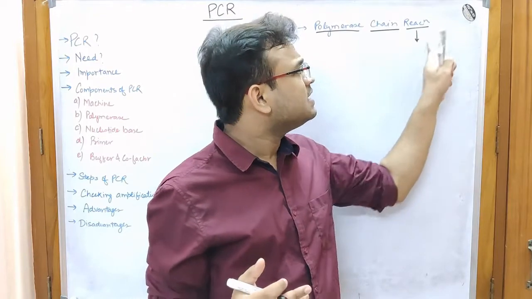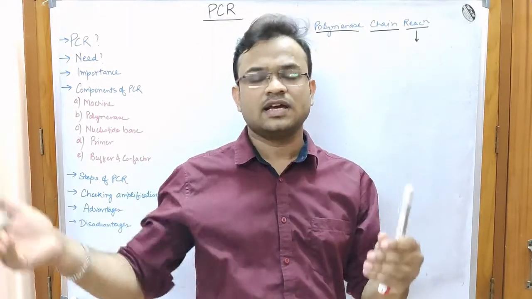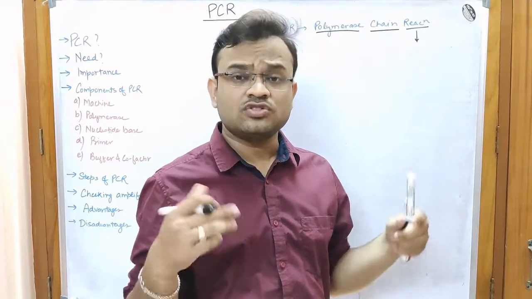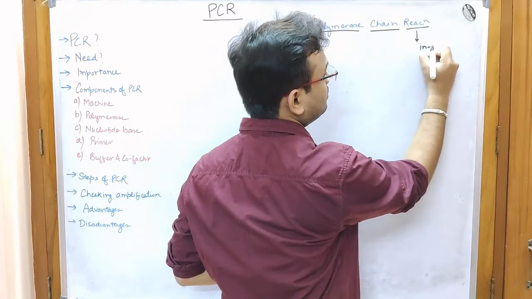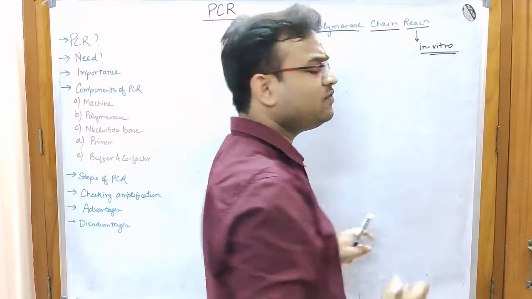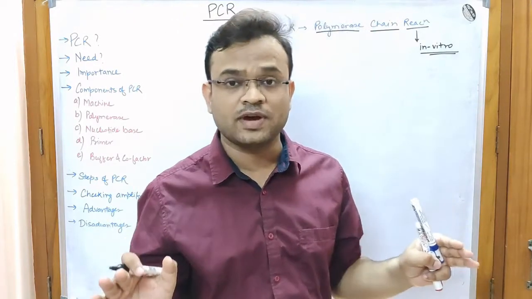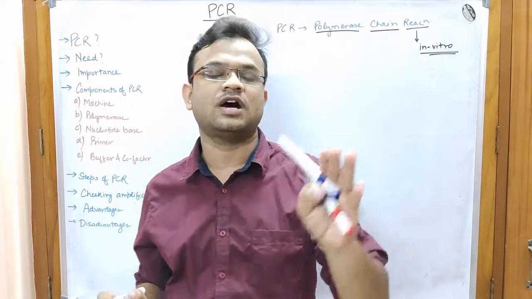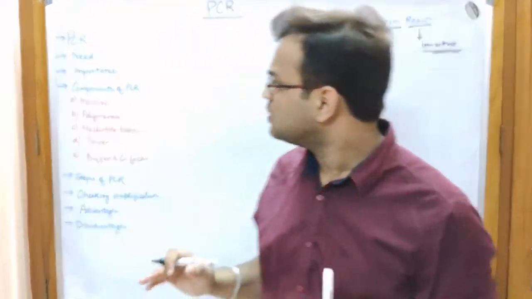So basically this is not carried out in a particular organism, this is carried outside in a tube environment. So this is basically an in vitro mechanism, not an in vivo mechanism, because it is not carried out inside an organism. So this would be clear up till now, I guess.